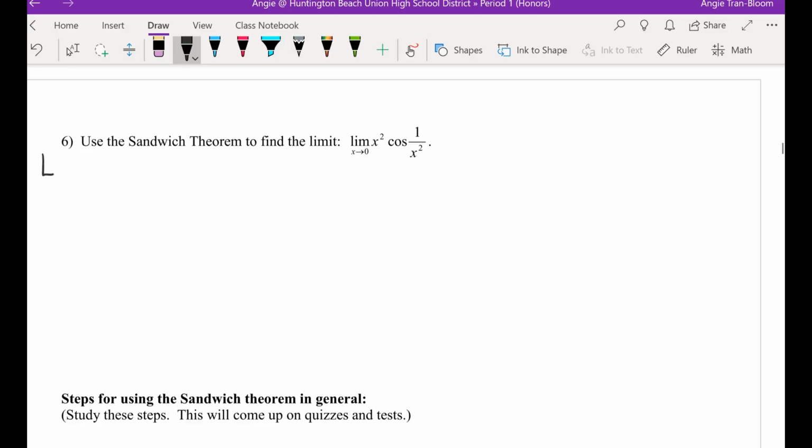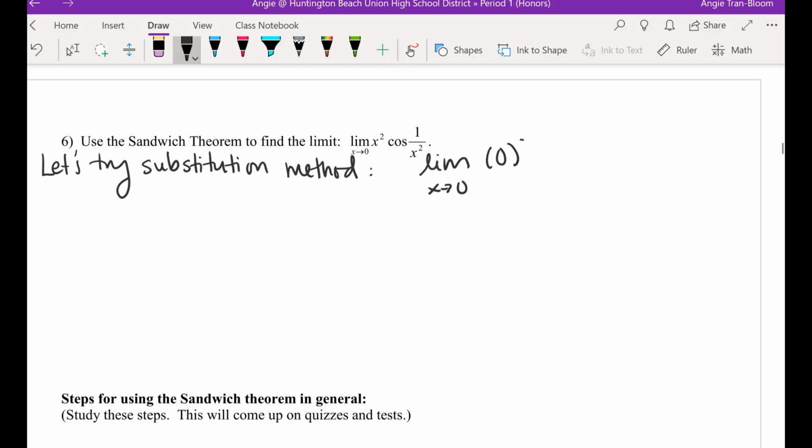First, let's try the substitution method to see if I can find the limit. Now, if the substitution method works, then I don't have to use anything, right? So let's find it. Limit as x approaches 0 of 0 squared times cosine of 1 over 0 squared.